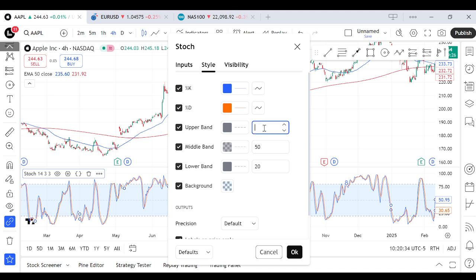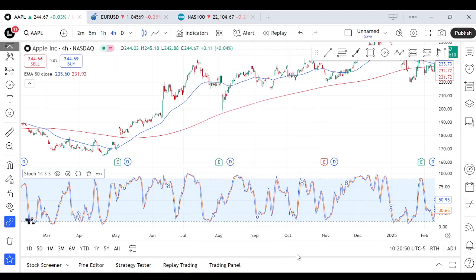So let's use 90 and 10 for extreme conditions to be able to filter false signals. Okay, now we have it clear. When the stochastic crosses below 10, the market is oversold, signaling a potential buying opportunity. And when it crosses above 90, it suggests that the market is overbought, signaling a potential selling opportunity.